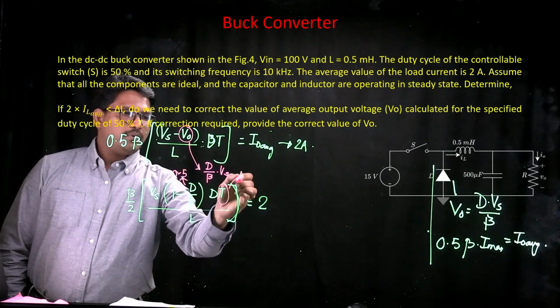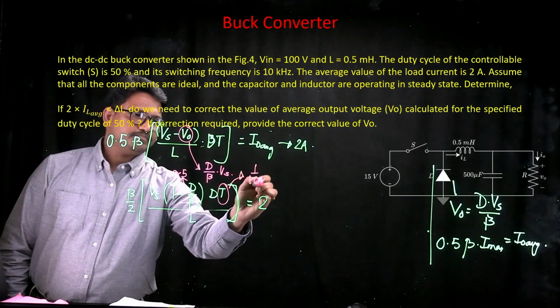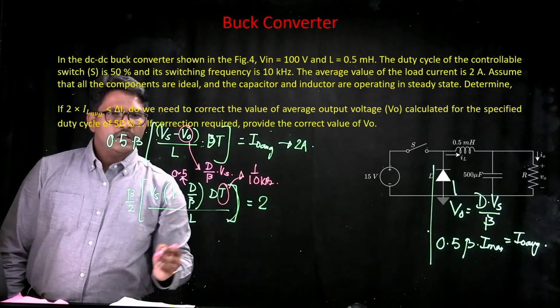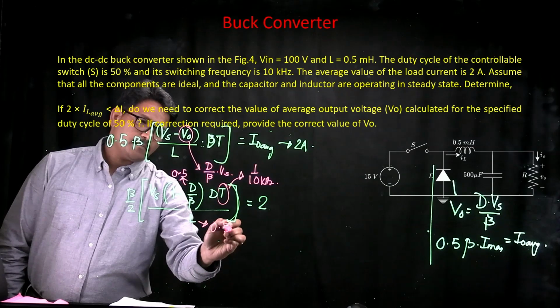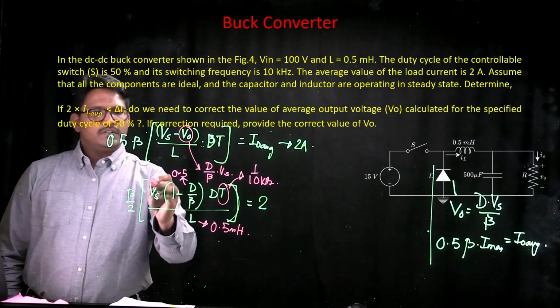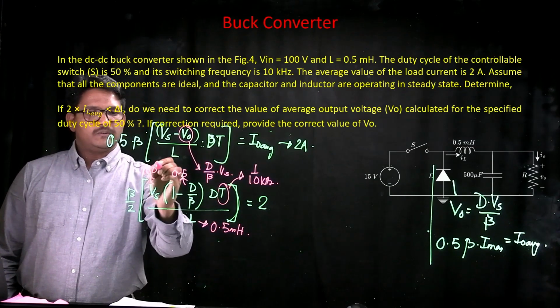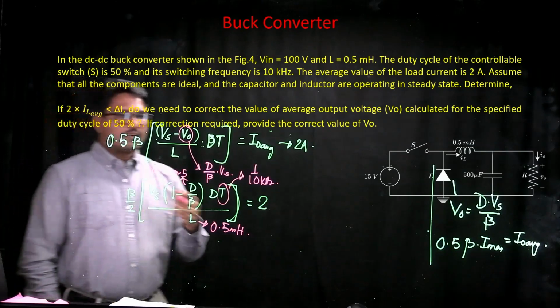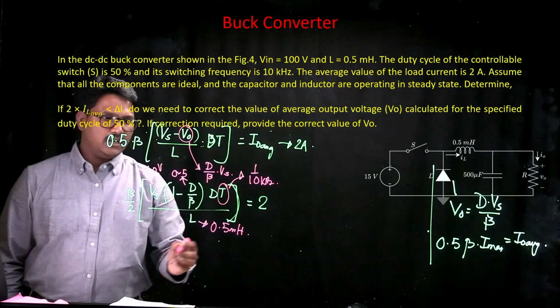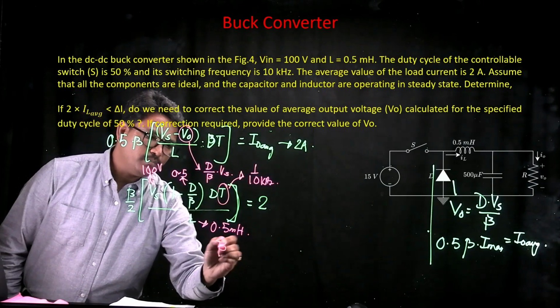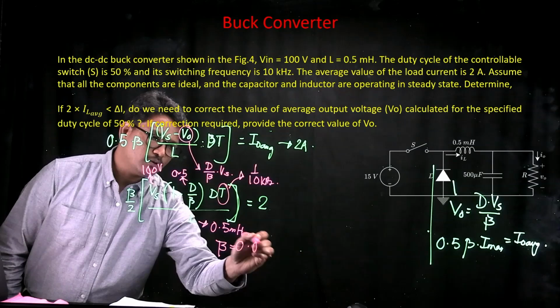Time period is 1 upon 10 kilohertz. Value of inductance is 0.5 millihenry. Source voltage is 100 volts. So if you substitute all these numbers, then the only value that we don't know is beta. So if you calculate the value of beta, you will get beta as 0.9.